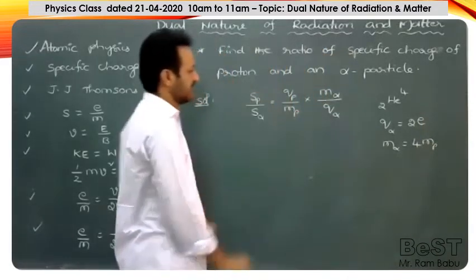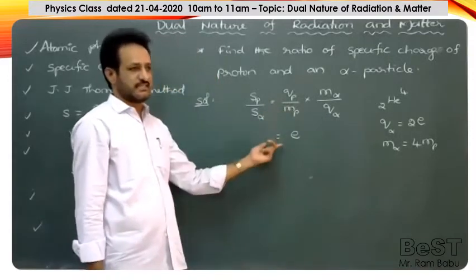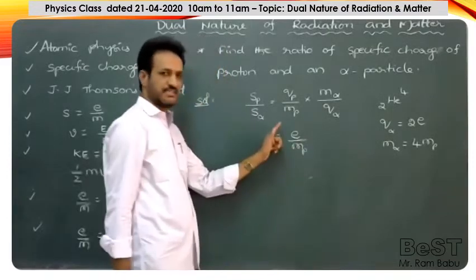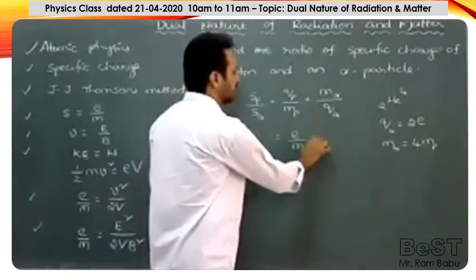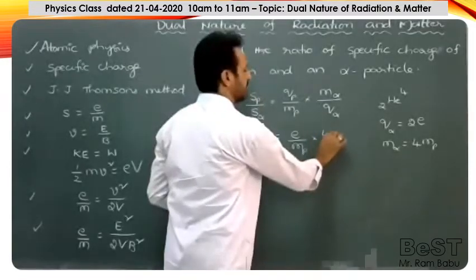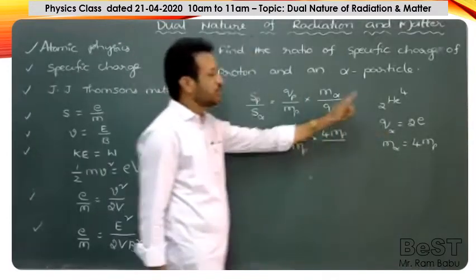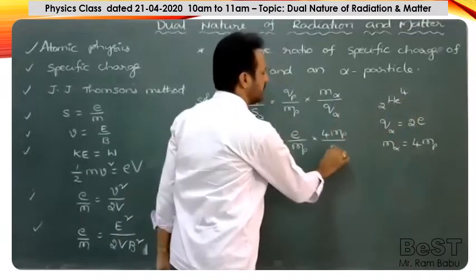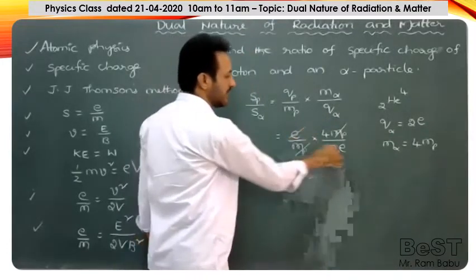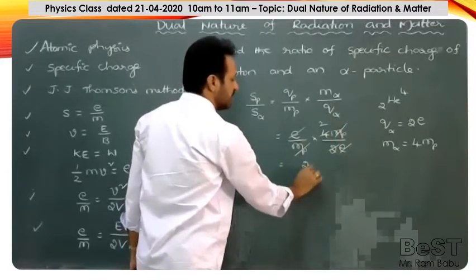Here I am substituting the values. The charge of the proton is e, which is the positive charge, divided by the mass of the proton, which I write as m suffix p, times the mass of the alpha particle, 4 times the mass of the proton, divided by the charge of the alpha particle, 2 times the charge of the proton, which I write as 2e. Here the mass of the proton m gets cancelled, e also gets cancelled, and 2 ones are 2, 2 twos are 4, which is equal to 2:1.